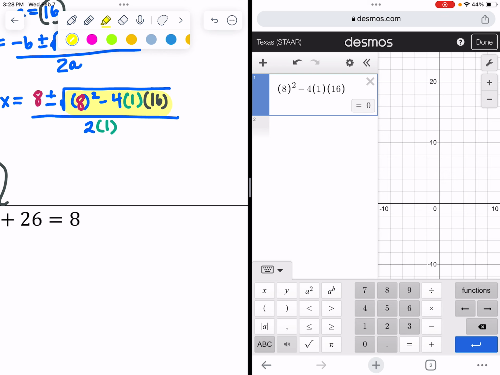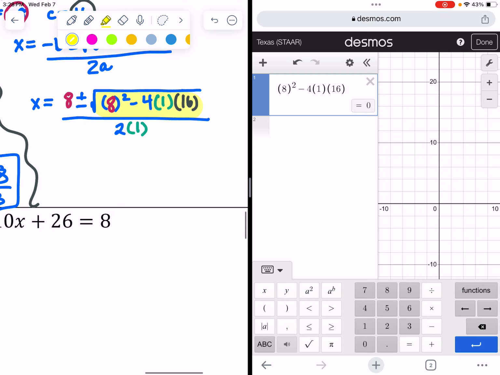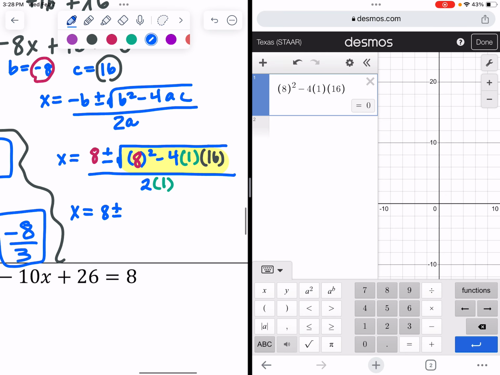Okay, we get a 0. So I've got 8 plus or minus, oh, that was technically negative 8 squared, but when you square it, it becomes positive. So still 0.